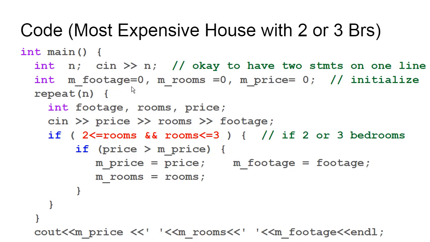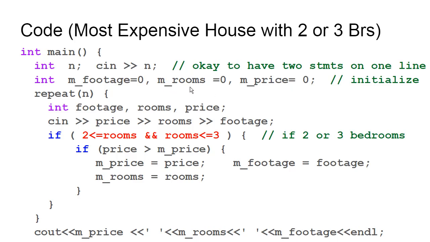On the next line, I want to illustrate the fact that you can initialize variables with values. So when we declare these integer variables, we can say initially they take the value 0. It is important to assign an initial value to the price. These variables store the information of the most expensive house.